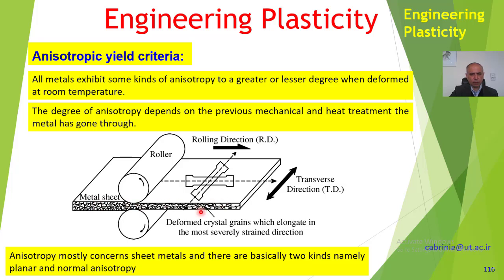But in bulk forming, the grains are not elongated only in one direction. They will be elongated in different directions, so they will cancel each other out, and we will have the same properties in all directions for bulk materials and bulk forming. But for sheet metal forming, this happens.